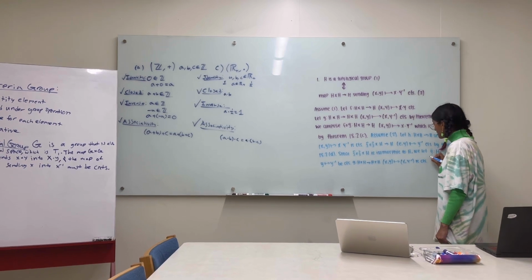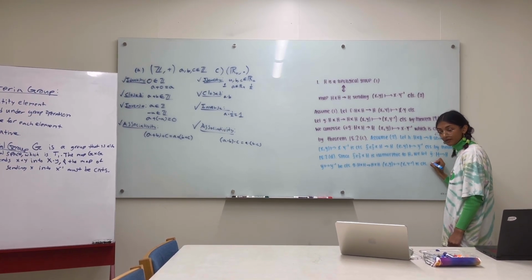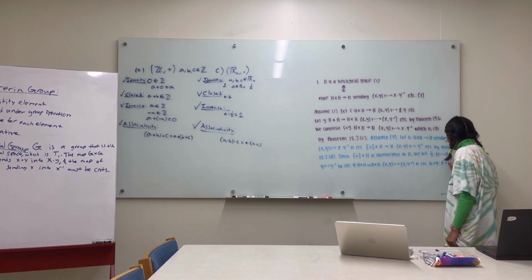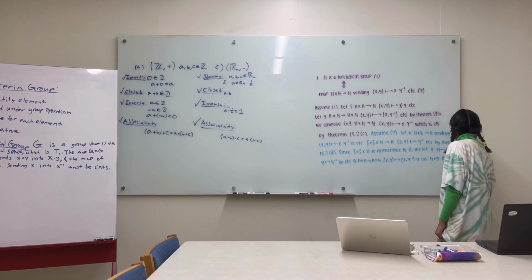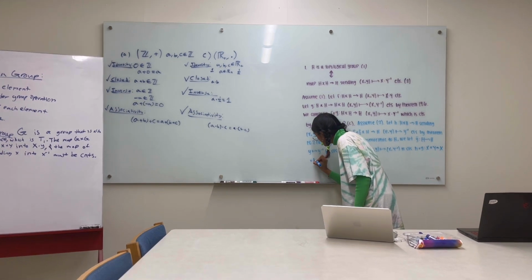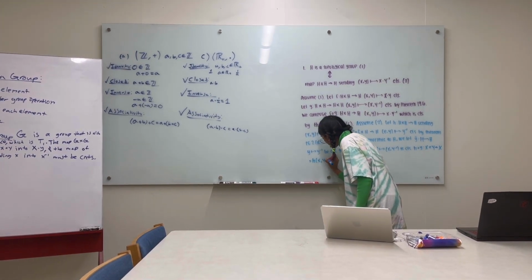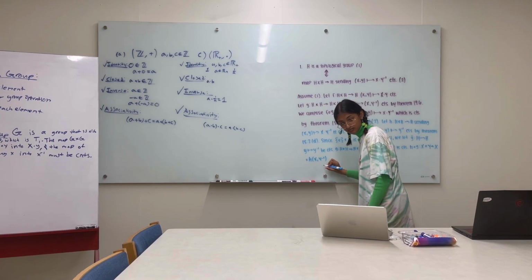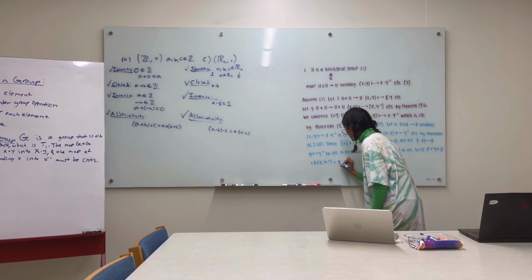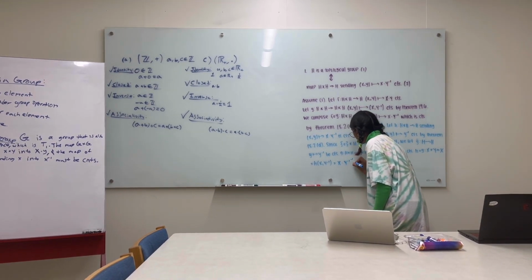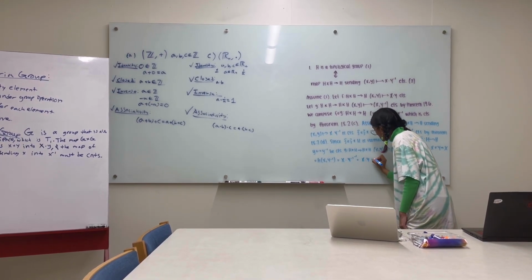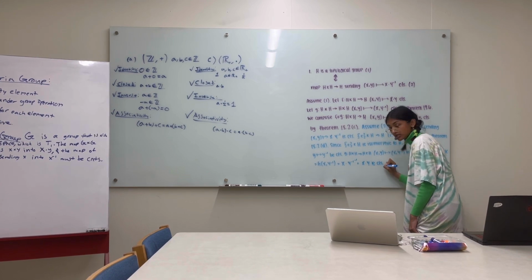And then we can take the composition H of G, which is continuous.